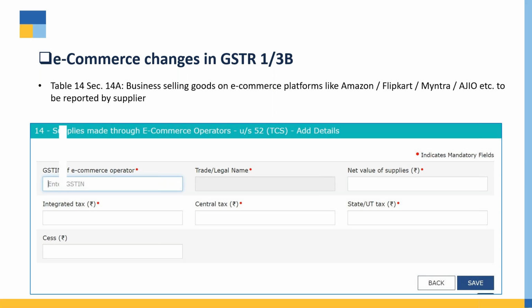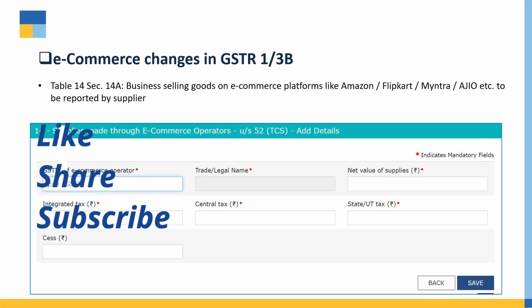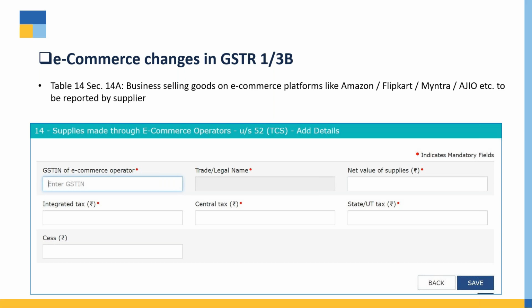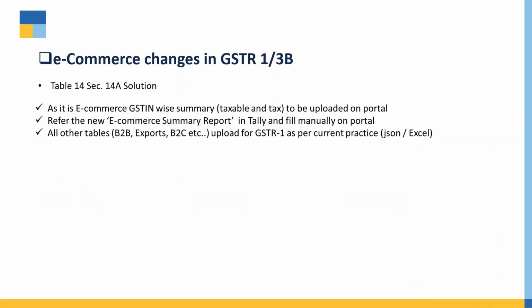That will be taken up in later releases. For an immediate solution, it is very simple, as we already account these transactions today. The solution we are giving is the e-commerce GSTN-wise summary, taxable and tax amount to be reported by the supplier. It can be done on the portal.